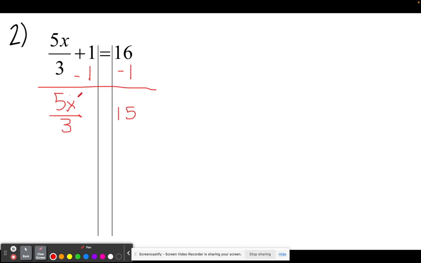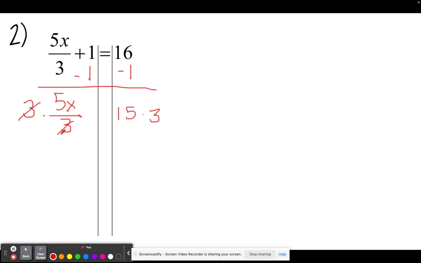I can think of this as 5/3 x, in which case I would multiply by the reciprocal. Or I could think of this as dividing by 3 and multiplying by 5. Either way, I should get the same answer. Because I said multi-step, I'm going to do it in two parts this time. So I'm going to multiply by 3, multiply by 3. My 3's cancel.